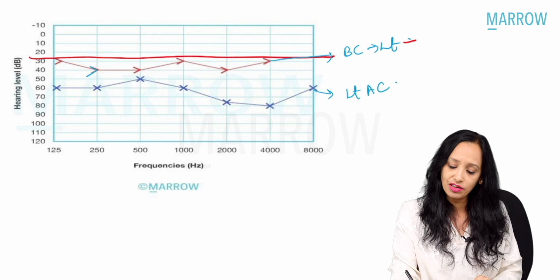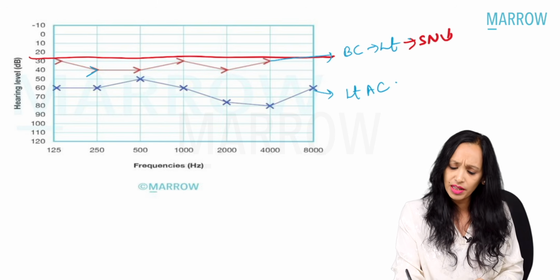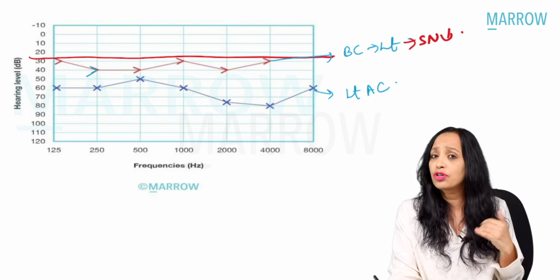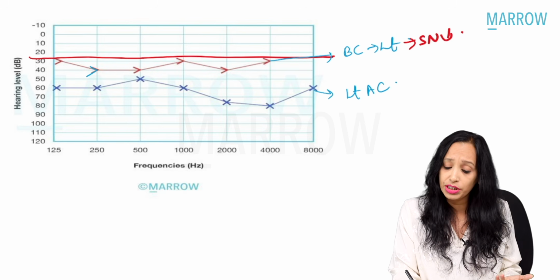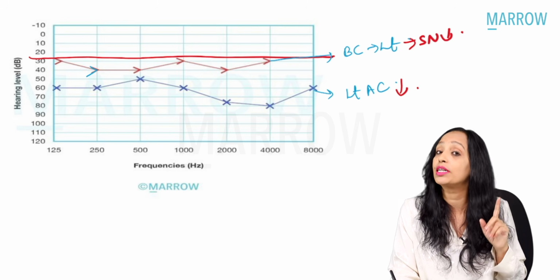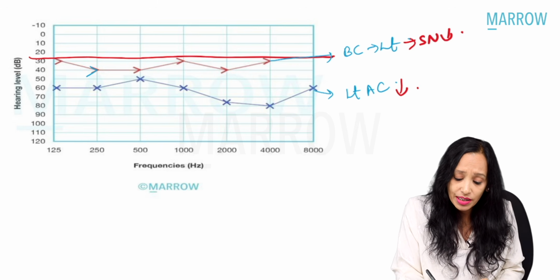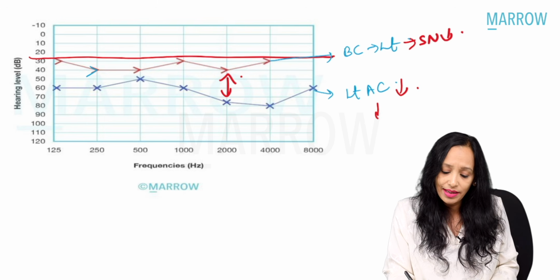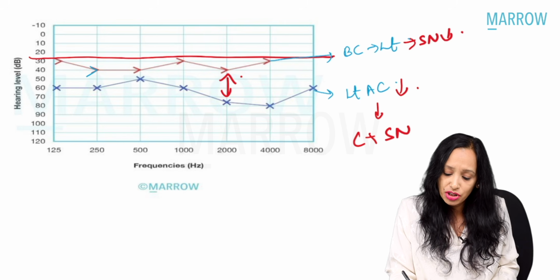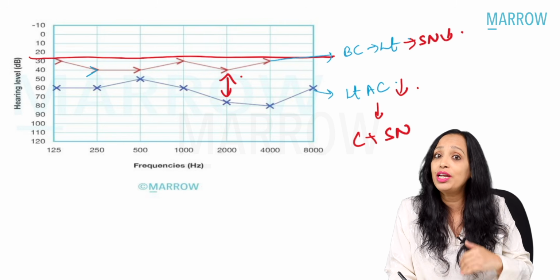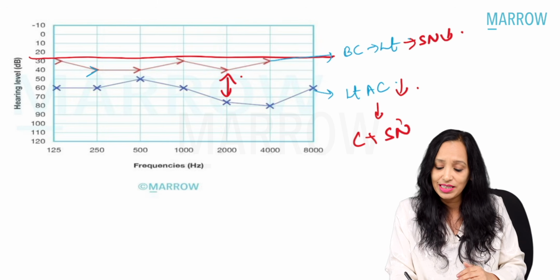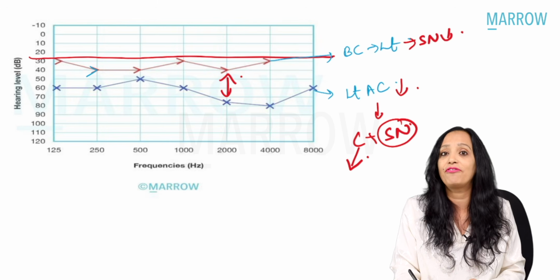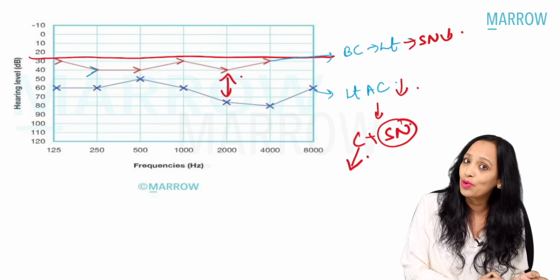Bone conduction is defective means sensorineural pathway is definitely involved. Sensorineural pathway is involved, so the air conduction will also be defective because that's the common pathway. But we can also see that there is an AB gap more than 15 decibel here, which means that the air conduction is not decreased equally to the bone conduction, which means that there is an additional defect in the conductive pathway also.